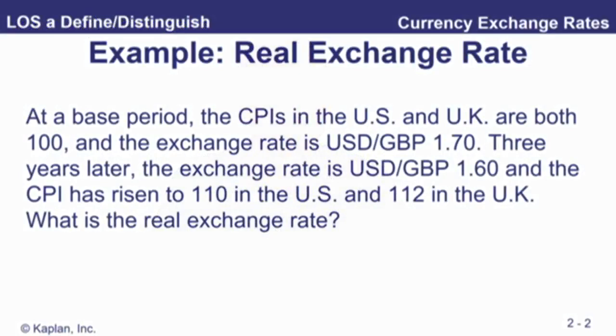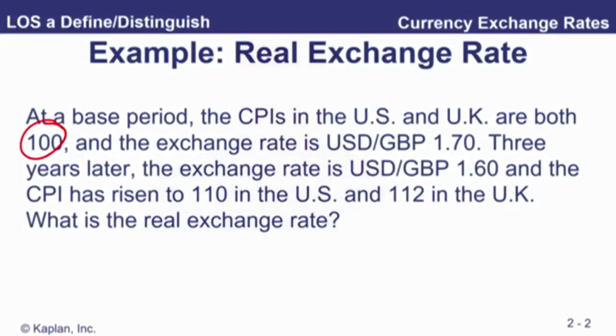So what do we have? Base period. CPIs in the US and the UK are both 100. Well, here's some interpretation, some analysis straight away. If the CPIs are both 100, then the nominal exchange rate is equal to the real. We are told at that base period, the exchange rate is USD/GBP 1.70. Get into good habits.